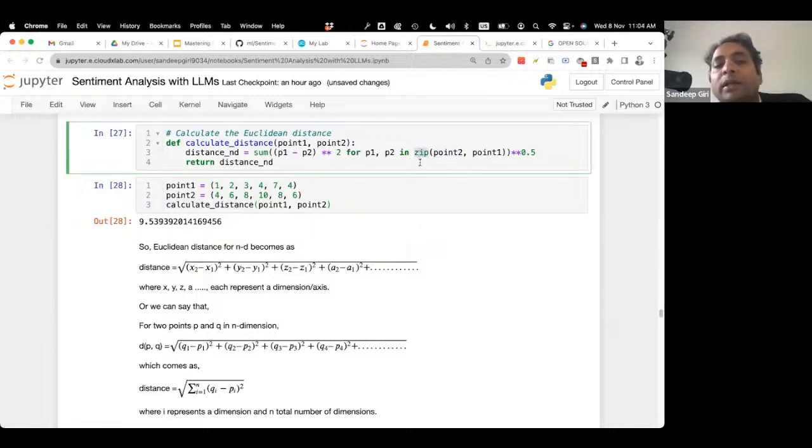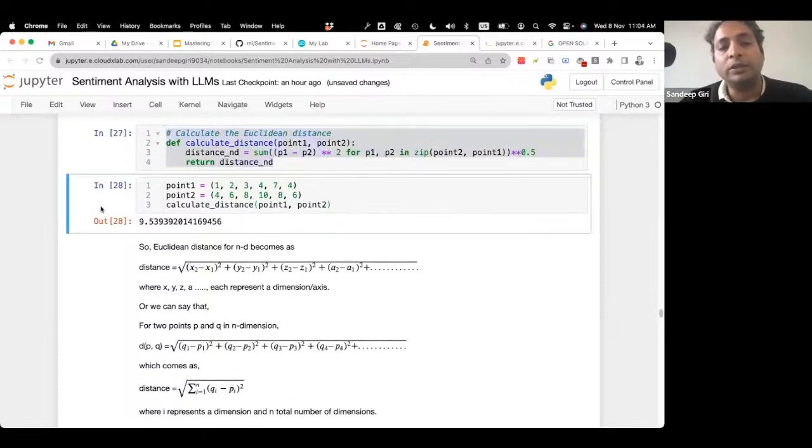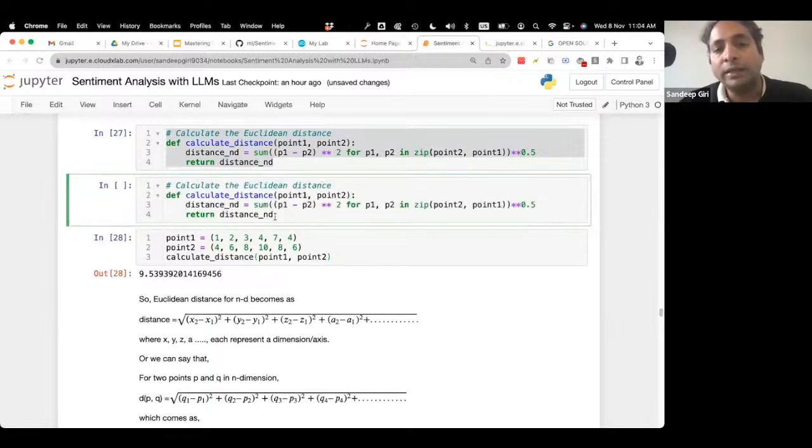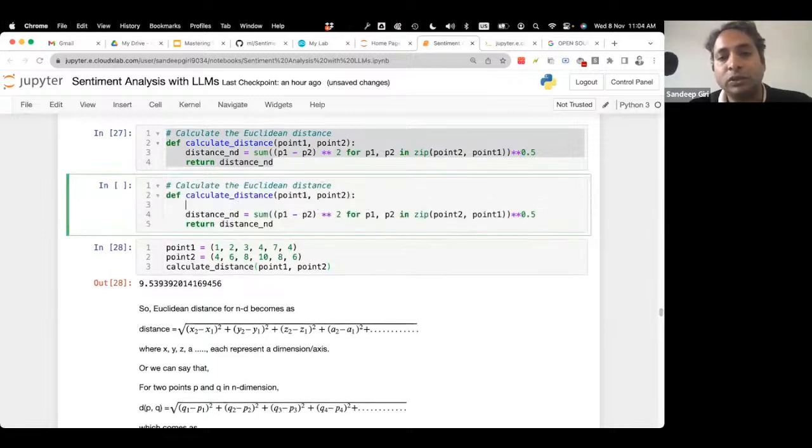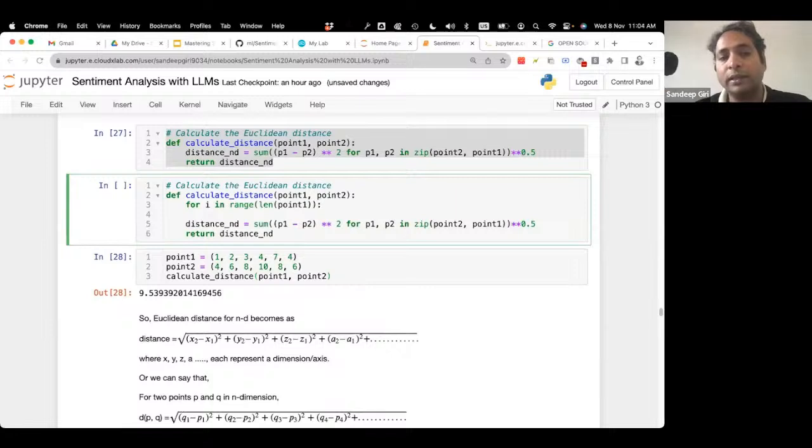We are going over point 1, point 2. We are zipping it. If I have to make it simpler, because many people here would be very new to Python, what I'll do is say for i in range length of p1. So I'm going over the length of p1.